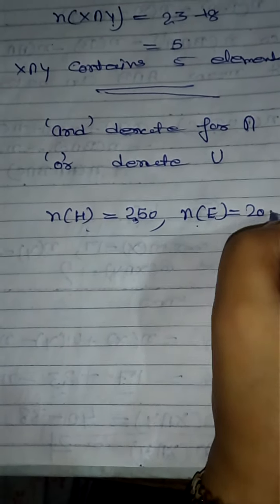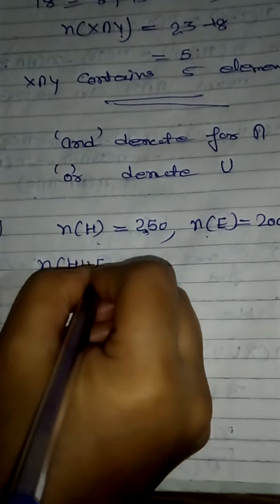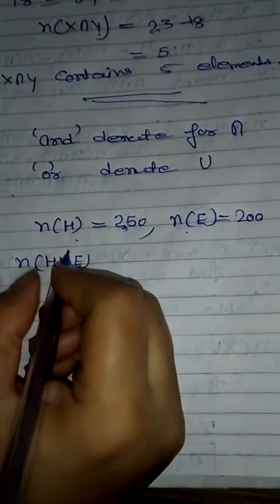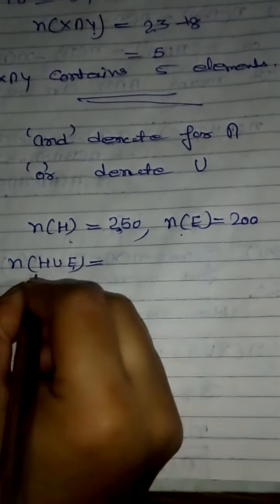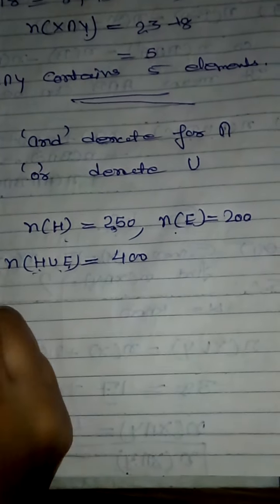N of E is equal to 200. Similarly, n of H union E is given as the group of 400 people. So this is the group of Hindi and English, so 400 will come here.